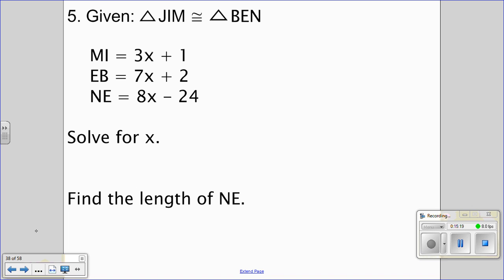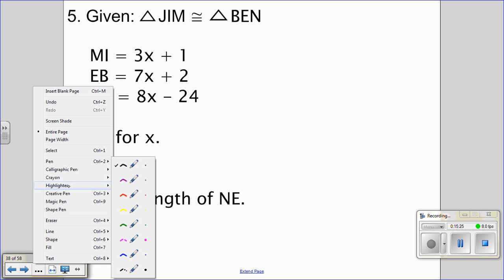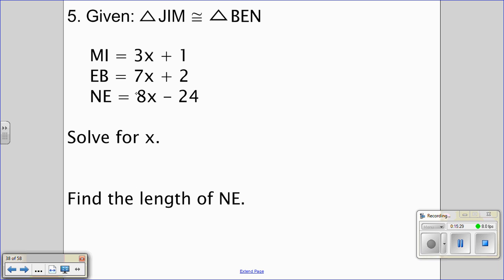Number 5, similar idea, but now we're looking at it from the sides point of view. So again, when you name the side, you must name 2 letters. I have IM congruent with EN, or if you look at it the other way, NE and MI. So I'm given both of those, which is nice.